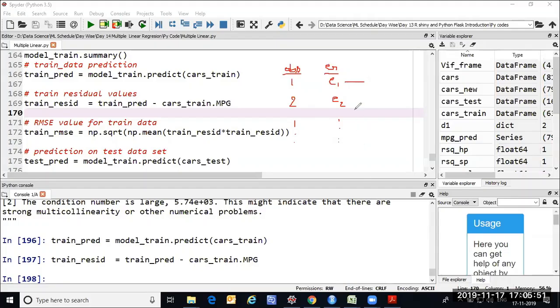What are those error measures? Now you have all the errors, right? Take a square of the error. By the way, what should be the mean of the errors, by assumption? The mean will be 0.